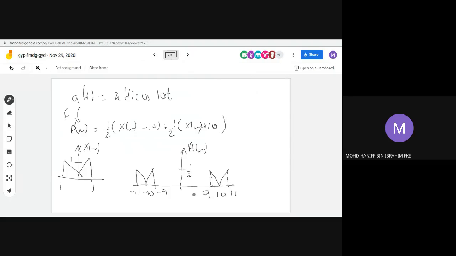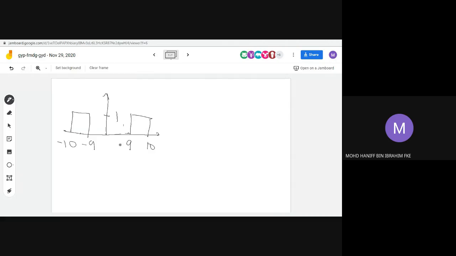So when we multiply this A(ω) and this H1(ω), the multiplication between the two signals results in the output B(ω) of the system, which will be only a portion of A(ω), from 9 to 10 and also from minus 9 to minus 10, with the amplitude of half.